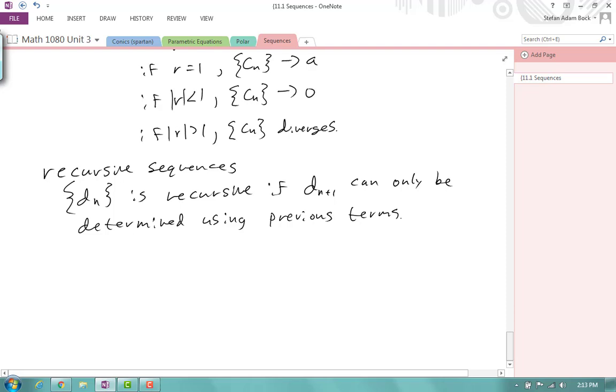So D sub n plus 1 is some combination of D sub n, D sub n minus 1, all the way down to the first term.